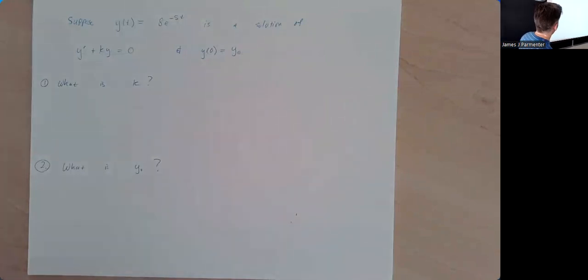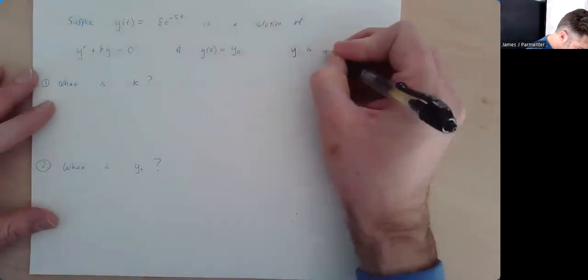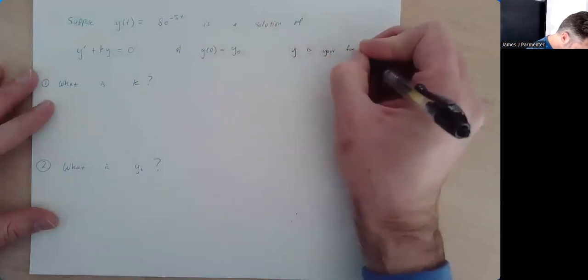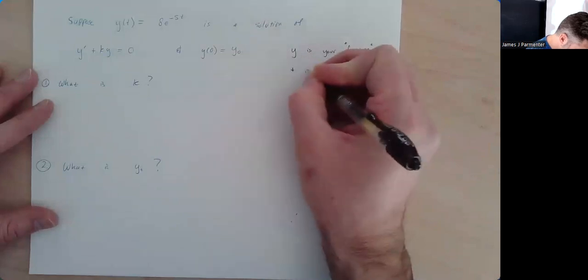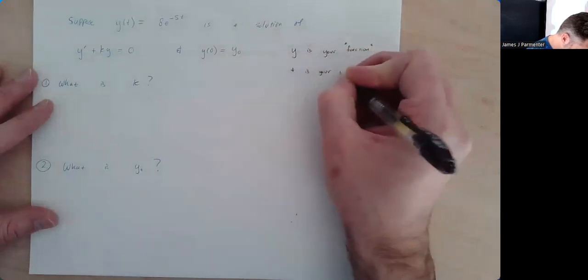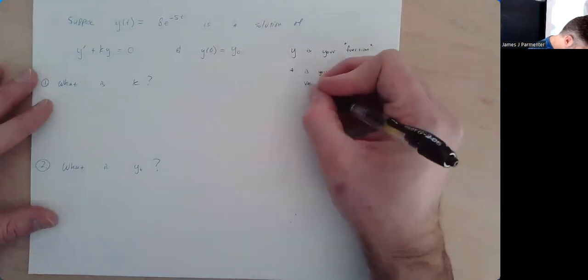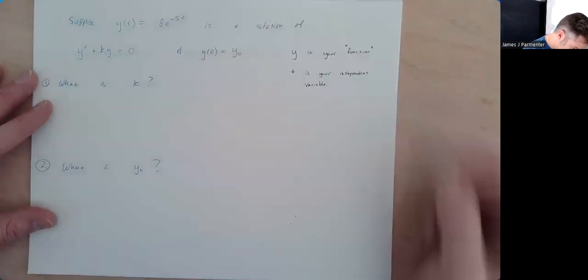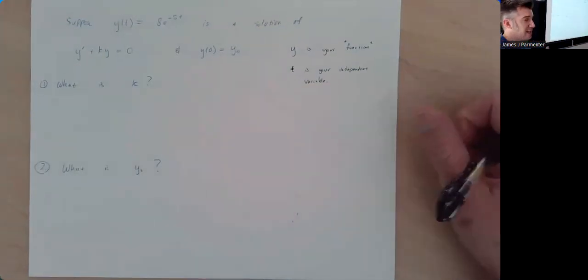I do want to point out, just to kind of emphasize the thing we were saying before, y is your function thing, and t is your independent variable. And they're not asking us to solve this.